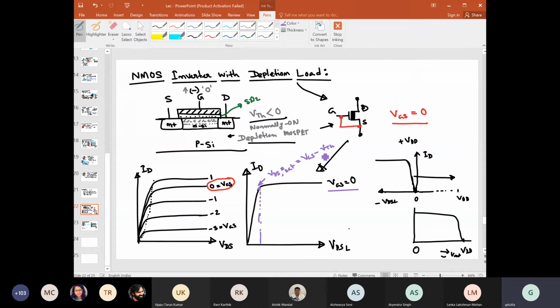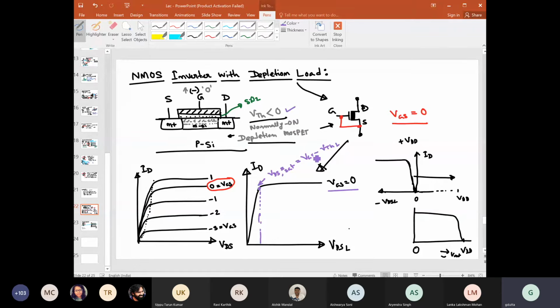Now you need to remember one thing. If we consider only the value, then for this transistor, VTH is negative. So this value is negative.